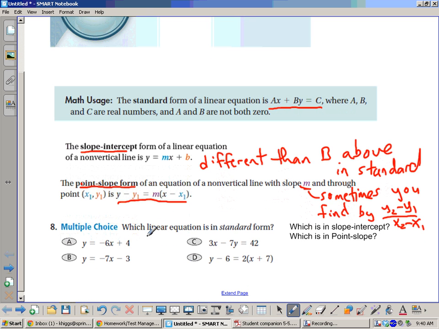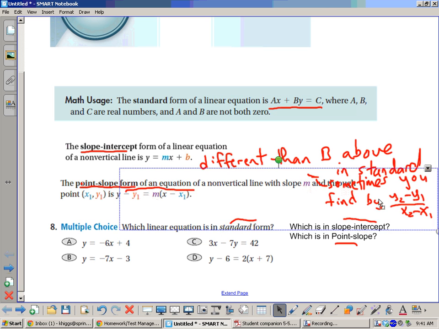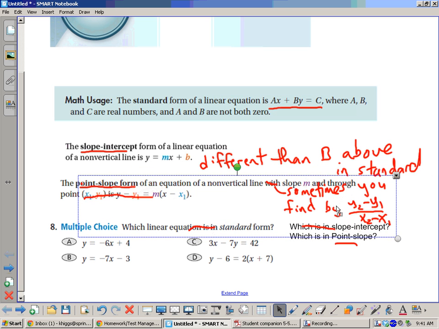So let's see if we can identify which linear equation is in standard form, which is in slope-intercept form, and which is in point-slope form. So I see two of them are in slope-intercept form. These two here would be slope-intercept form. So for point-slope form, I'm going to move this up just a little bit and out of the way.